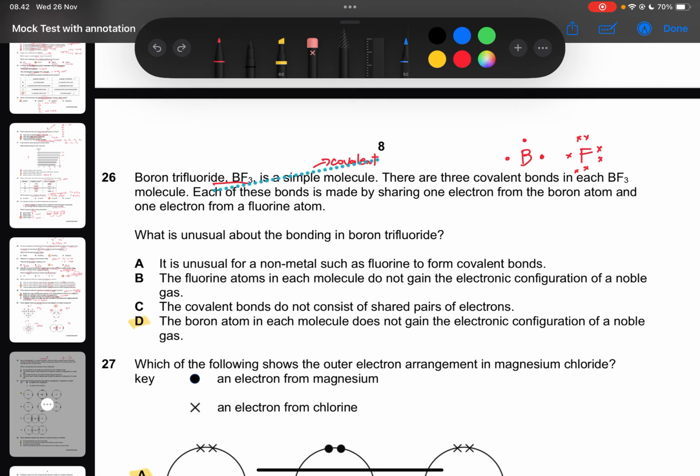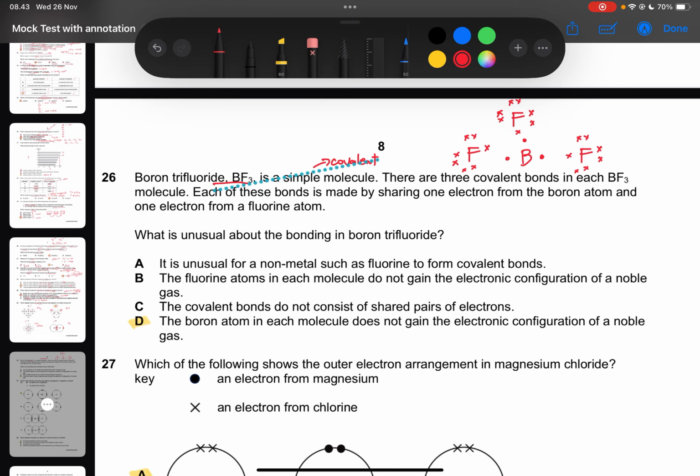I'll just copy this and this here. Okay, let me change the single one. Okay, so 7 and 7.